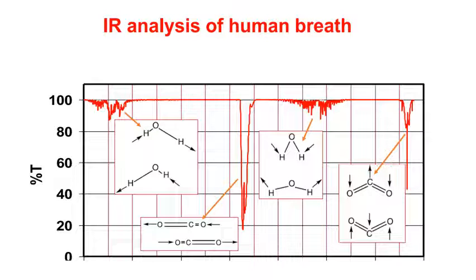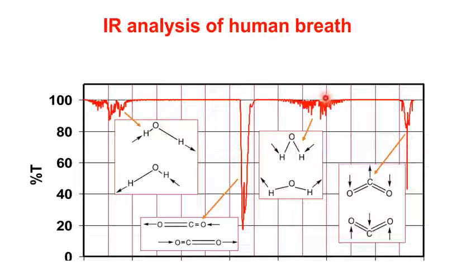Here I have shown the IR analysis of human breath. You can see over here at the point I am showing the pointer, this is the carbon dioxide bending mode, and this intense band is the carbon dioxide antisymmetric stretching mode that I talked about in the previous slide, which is IR active, associated with a change in the dipole moment.